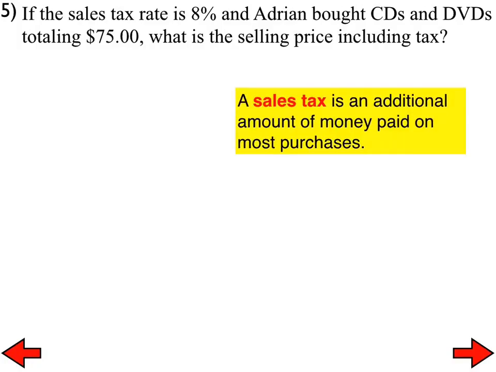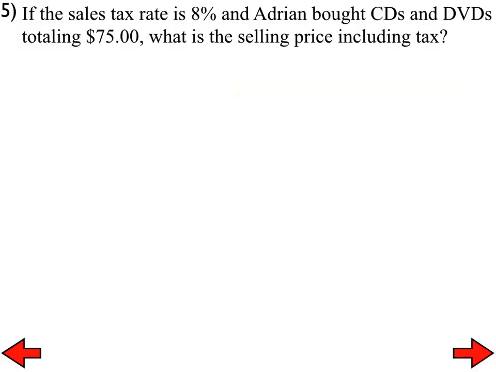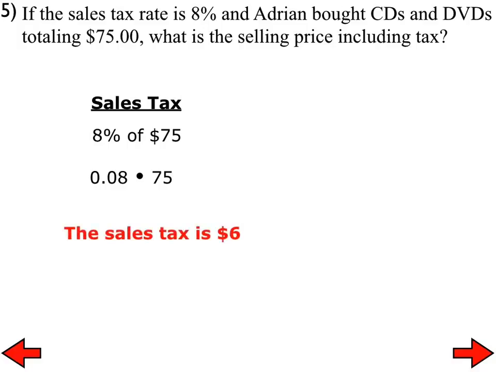So Adrian bought CDs and DVDs, and the total was $75. Times 8% would be 0.08 times 75. How much is the tax? It is $6. 0.08 times 75 is $6.